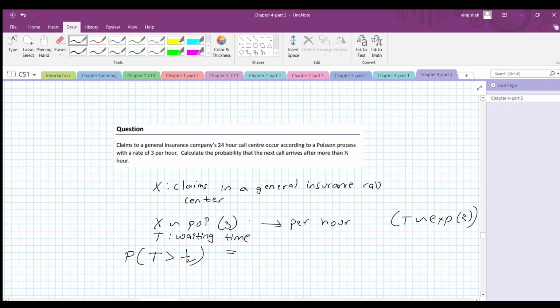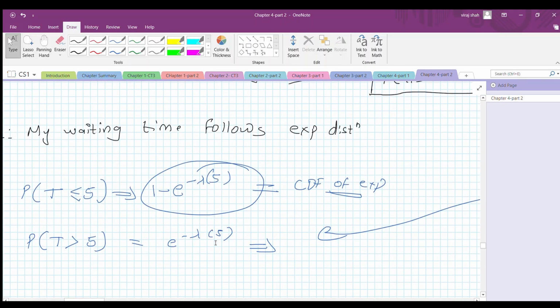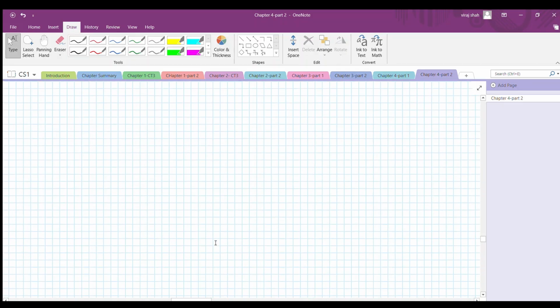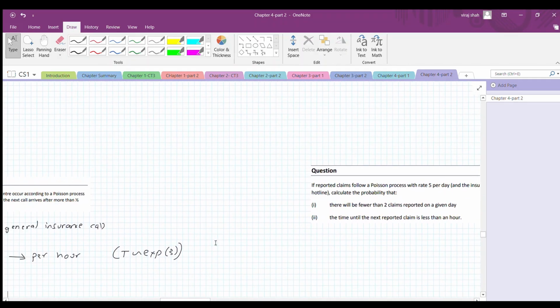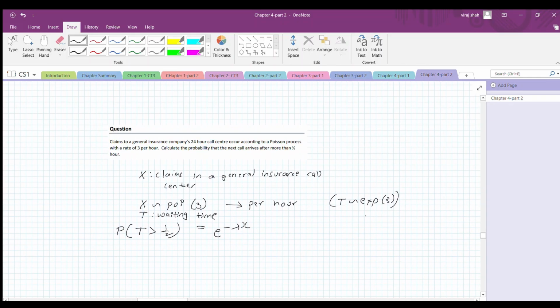Okay. So what is the probability that my next call arrives after more than half an hour? I want to find it using the direct formula which I stated here. It is nothing but e raised to minus lambda x. What is lambda? Since it follows exponential with parameter 3, my lambda is 3.